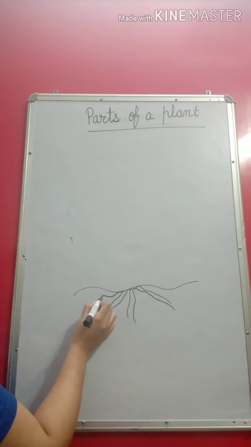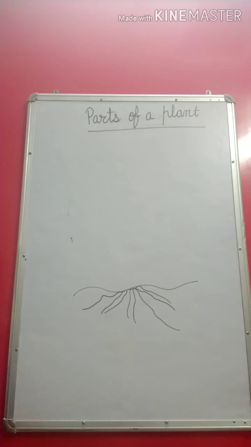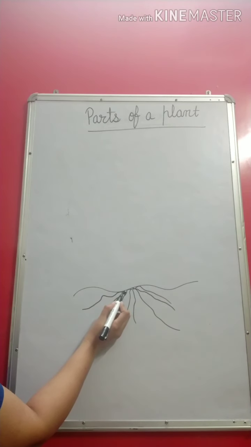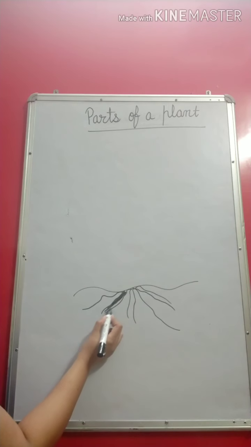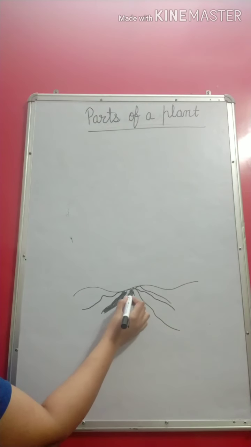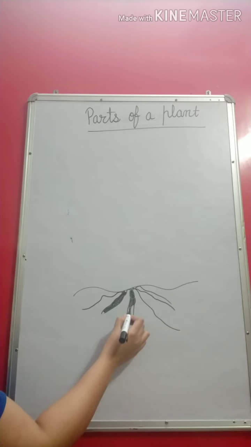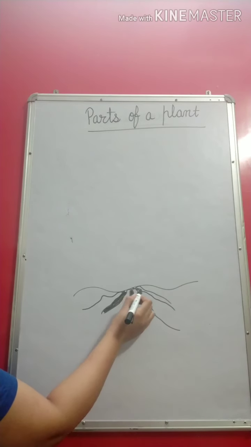But do you know what these are? Let me draw like this so that you can understand. You can also shade with your pencil here, or if you want to color then you can. No worries in that. What I am drawing below the ground are roots. Plants have the part that is roots which is below the ground.